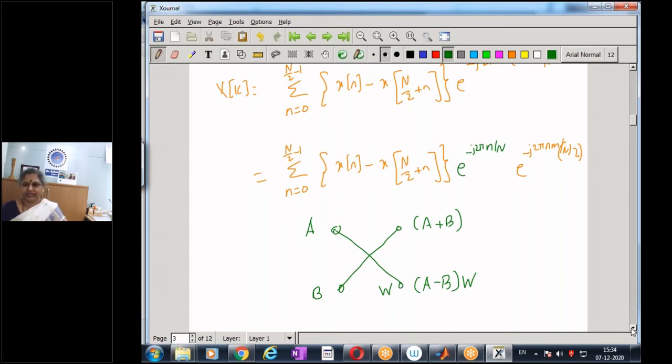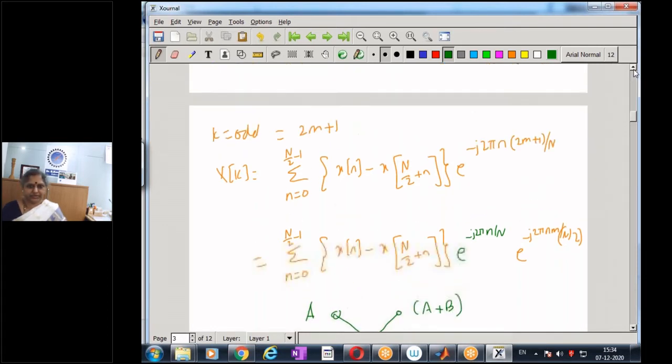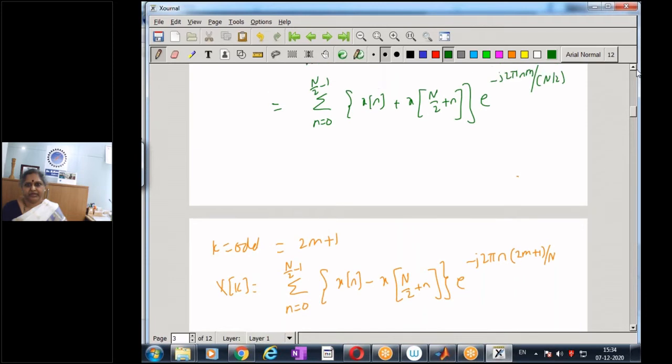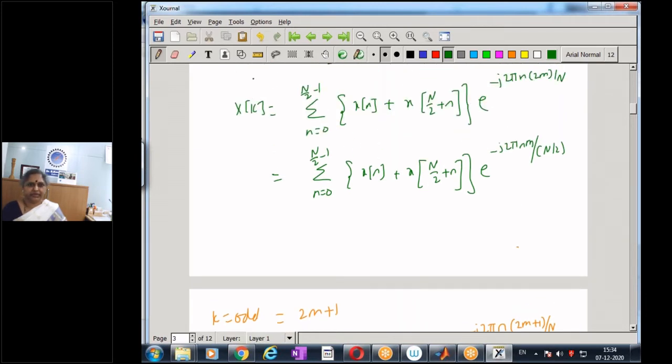So now let us try to translate this equation into a suitable graph for a 2-point DFT. So we have two equations. Let's take the two equations that we have. We have one equation given by this.